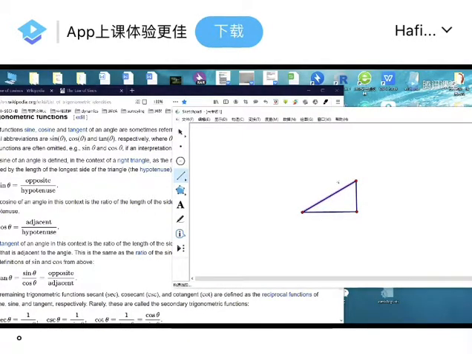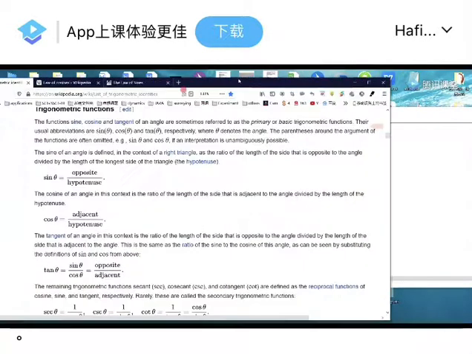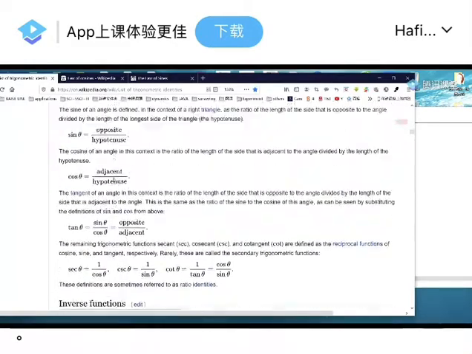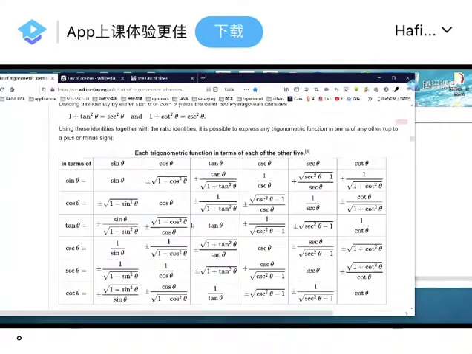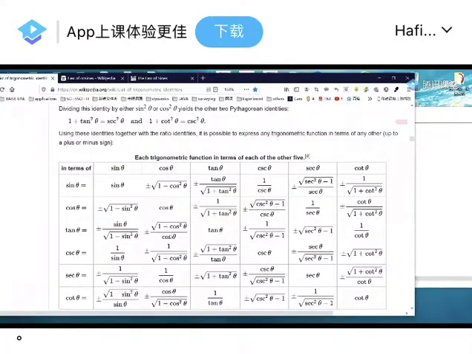The length of this side is called the hypotenuse. Suppose this is your theta. Then this one we call the adjacent side of theta, this we call the opposite side of theta, and this we call the hypotenuse. So you can define sine, cosine, tangent, all the basics, and some relations over here.